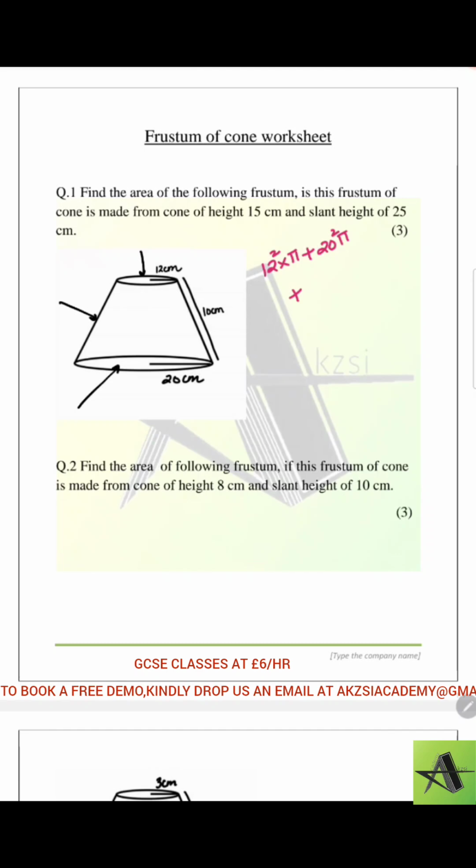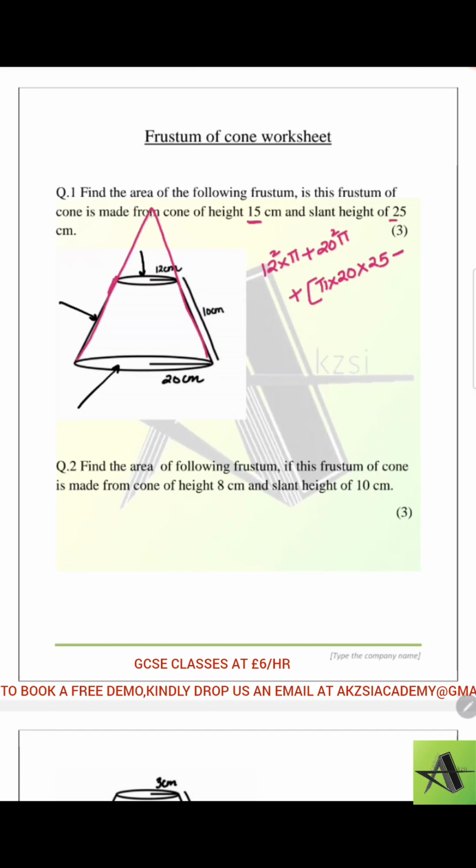We can't calculate directly as we don't have any formula, but we can calculate the curved surface area of the cone this frustum is a part of, and it's given that that cone has a height of 15 centimeters and a slant height of 25 centimeters. So the curved surface area of that would be pi r L. So pi, R is 20 and L is 25.